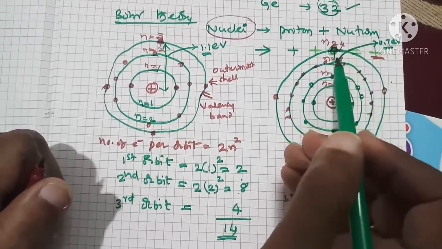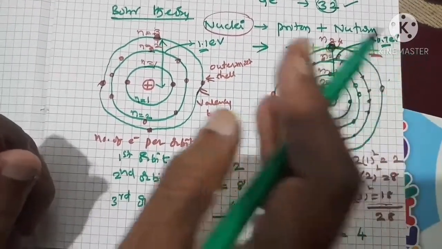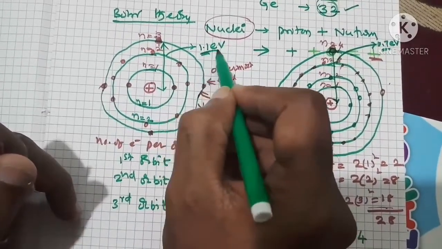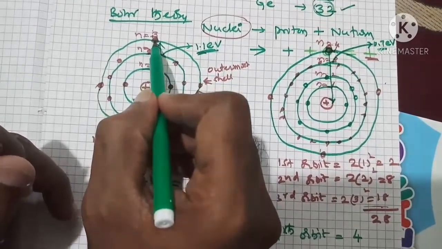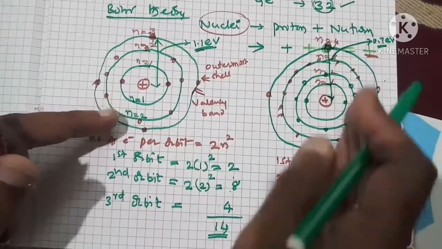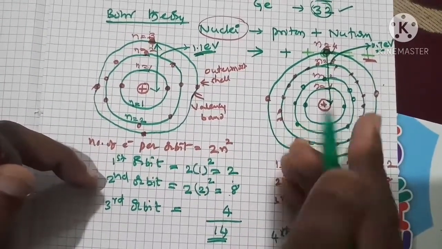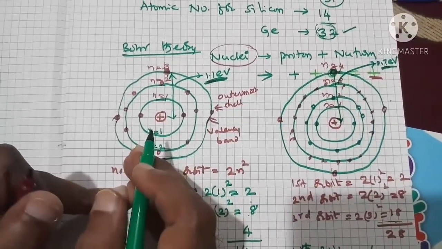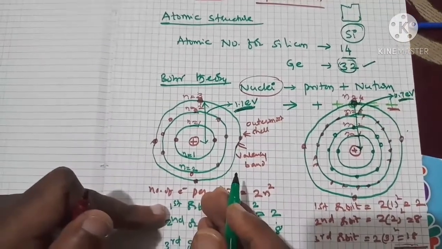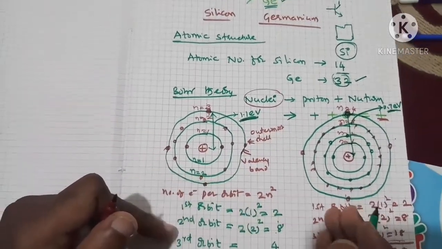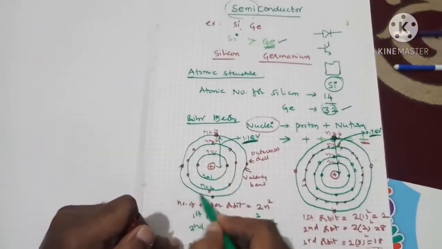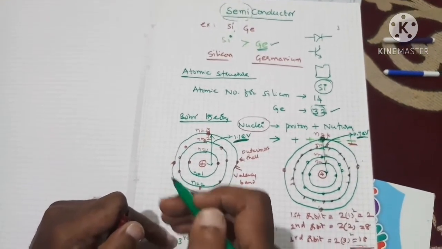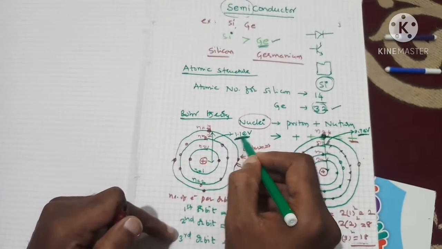That is the reason why silicon is preferred over germanium, because silicon needs at least 1.1 electron volt to make this electron conduct, whereas germanium requires only 0.7 electron volt. This can sometimes be achieved at room temperature, so it may not be controlled. So this is the reason why silicon is preferred over germanium. There will be more theory behind this, where the outermost shell is called the valence band, and to make the valence band electron move into the conduction band, you require 1.1 electron volt.